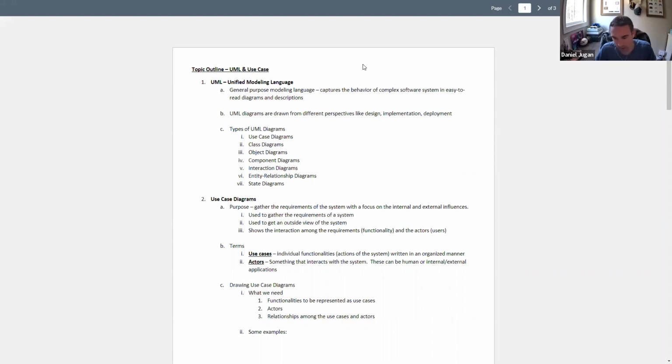What you want to focus on with these documents is understanding how the components of your program relate to one another and how the users are going to interact with the program. That's kind of the gist of the whole thing.